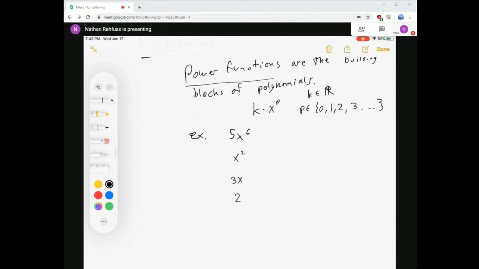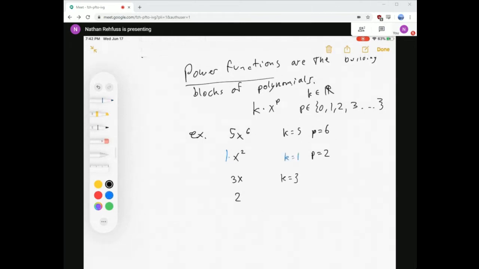For 5x to the sixth, k equals 5, p equals 6. It's a perfectly good power function. For x squared, clearly the exponent is 2, but what's the coefficient? If it's not multiplied by anything, I can always say it's multiplied by 1, because that doesn't change the value. So k equals 1. Here k equals 3, that's easy, but what's the power? x by itself is like x to the first power, because there's only one of them.